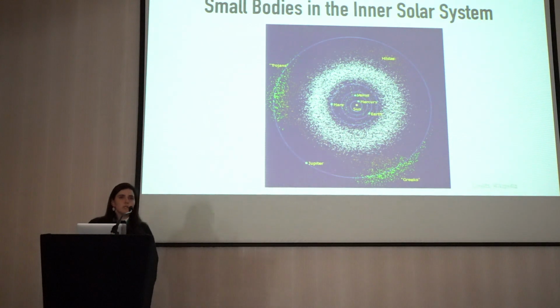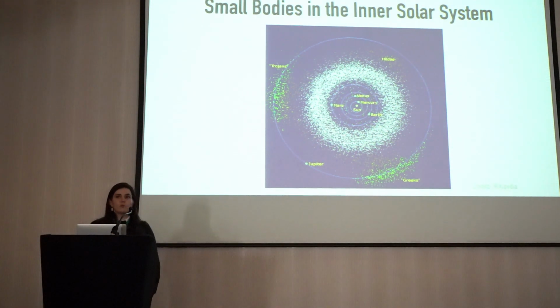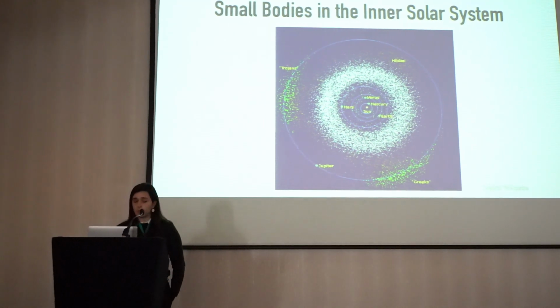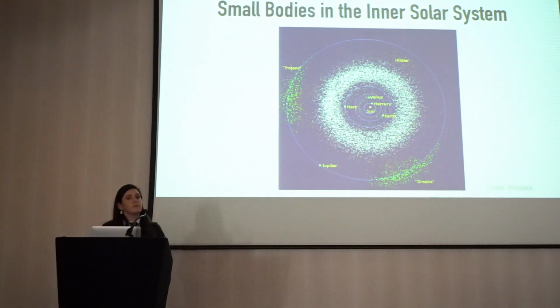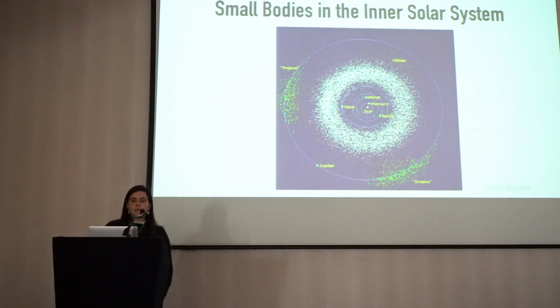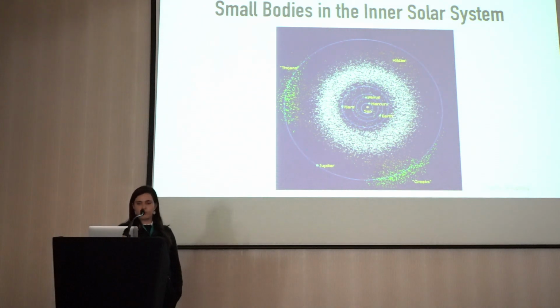Talking about small bodies, for the broad audience coming from many disciplines, I'd start by saying that we're talking about mainly asteroids and comets in the solar system. The asteroids are mainly concentrated in the main asteroid belt between Mars and Jupiter, and also there are some asteroids in the near-Earth space, so closer to the Earth.